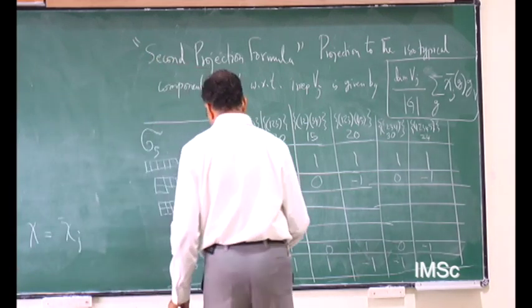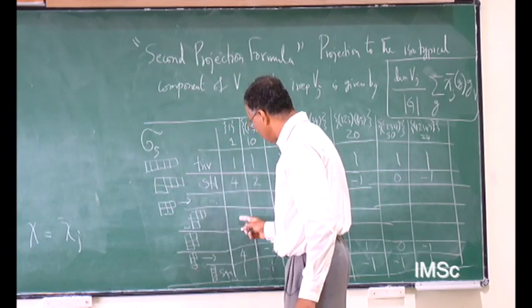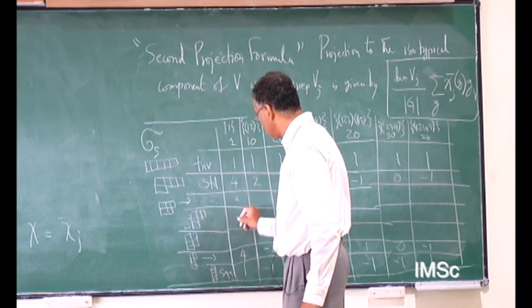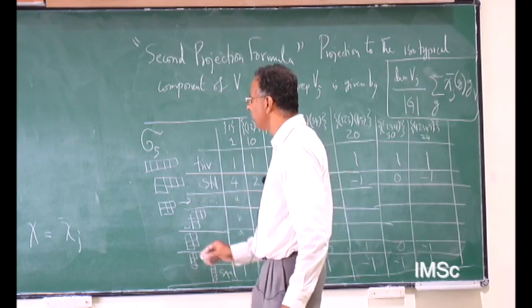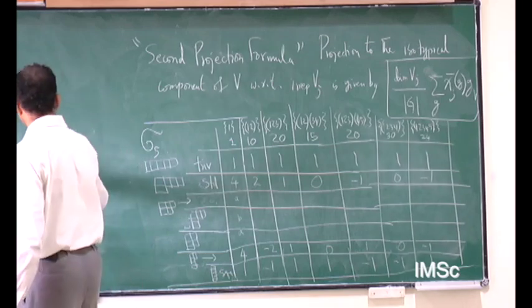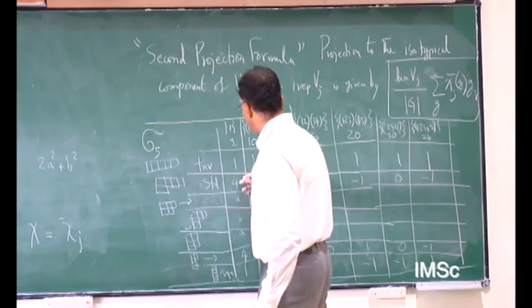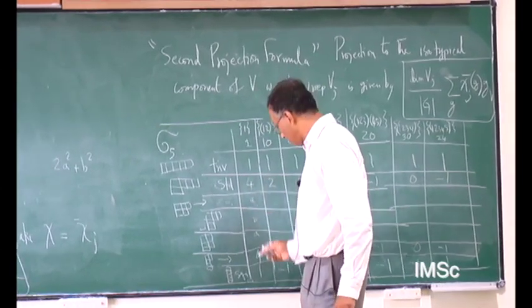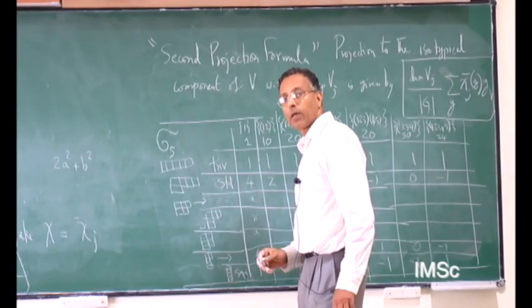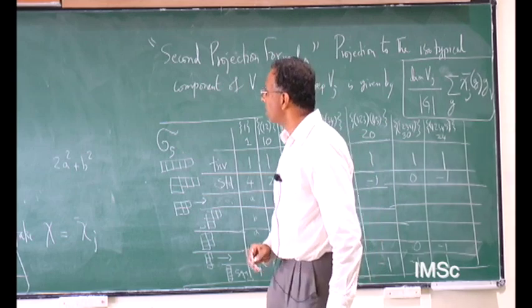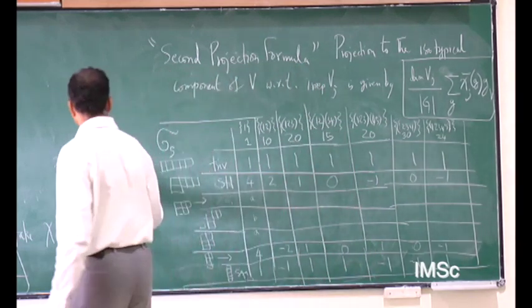So, this must be the same dimension. Call this A, call this B. If I do that, then I have 2a squared plus b squared must equal 120 minus 17, this is 17, 34. How much is that? 86, huh?